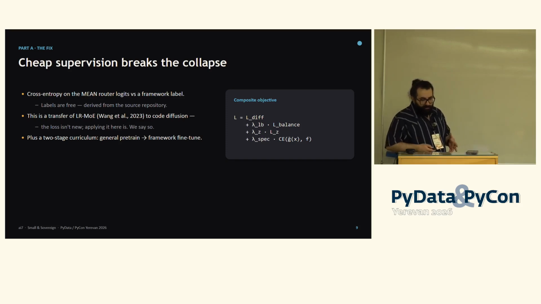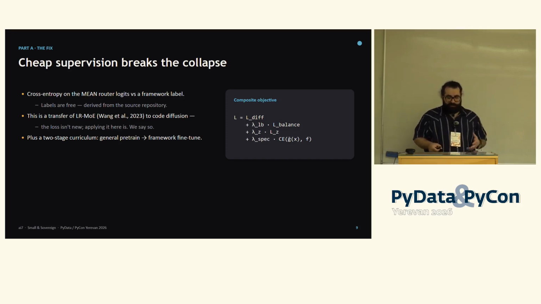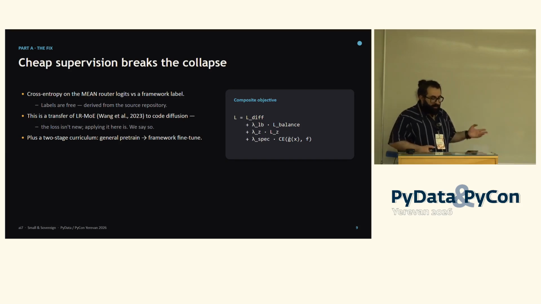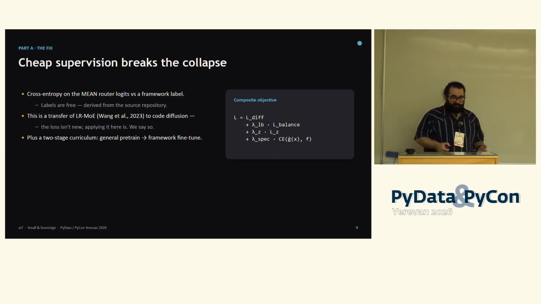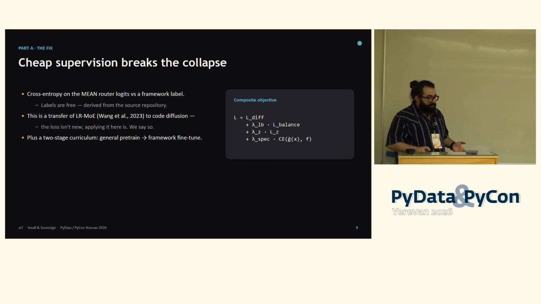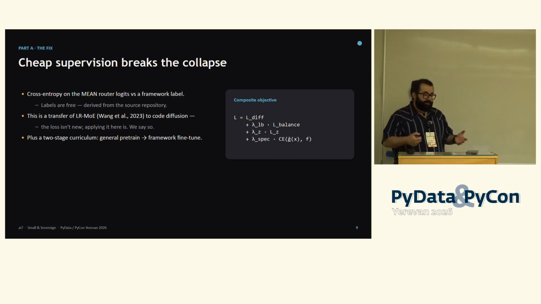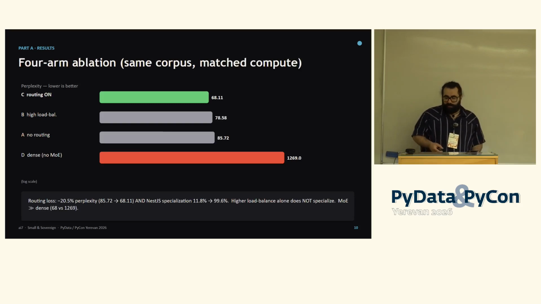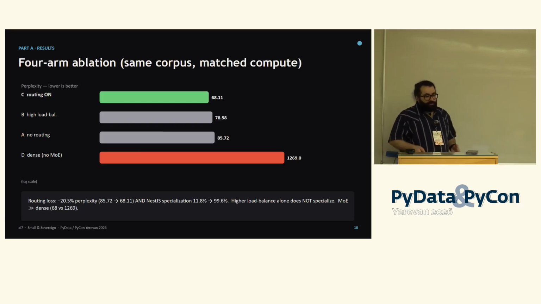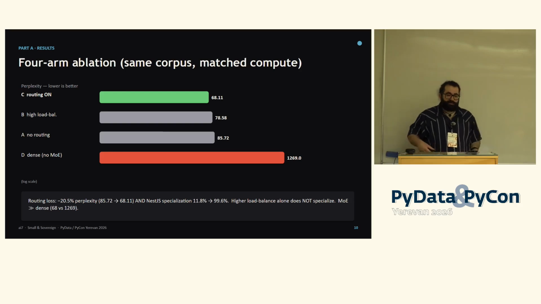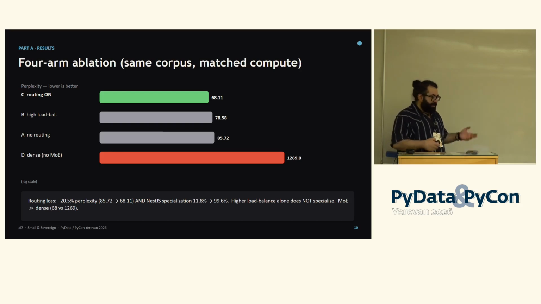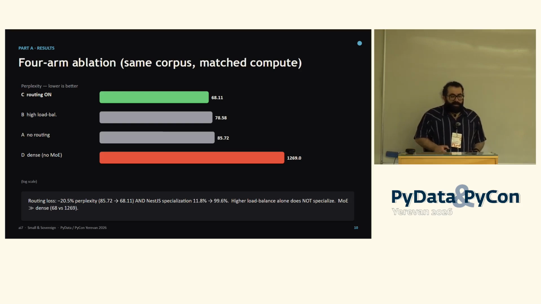We used basically a composite objective from some research papers from Wang et al. for code diffusion models, plus a two-stage curriculum, which was generic pre-training followed by fine-tuning. And the result was our four-arm ablation, same corpus, and matching compute.